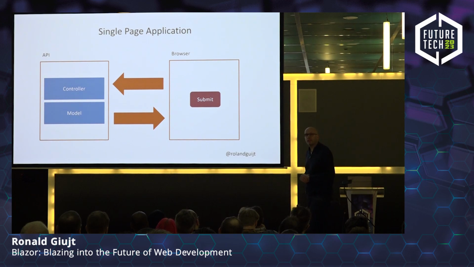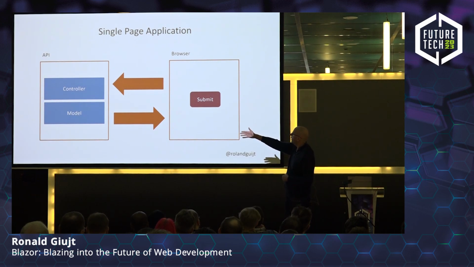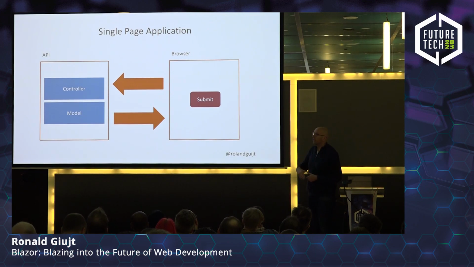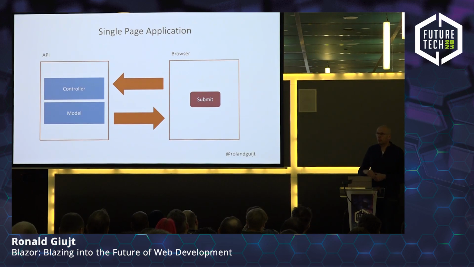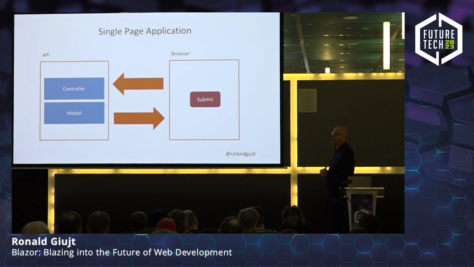Some back-end application that also has a controller and maybe models, but not views, because the views are now in the browser. And the browser handles all interaction. So when the user clicks a button or goes to another tab or to another page, that is handled by the browser.